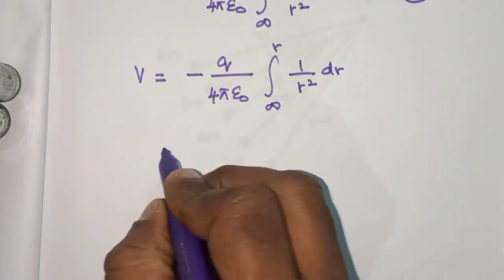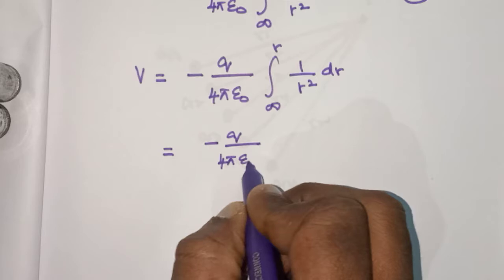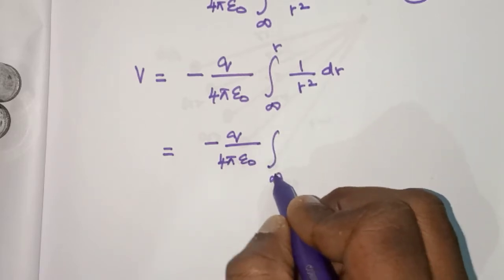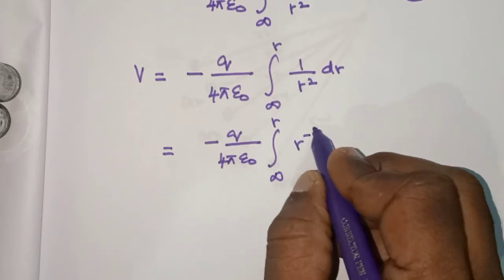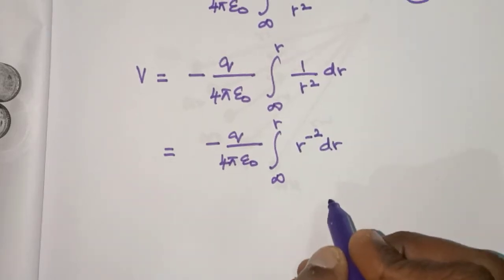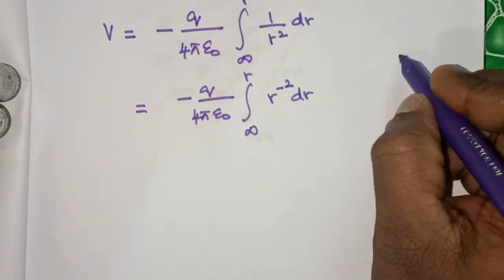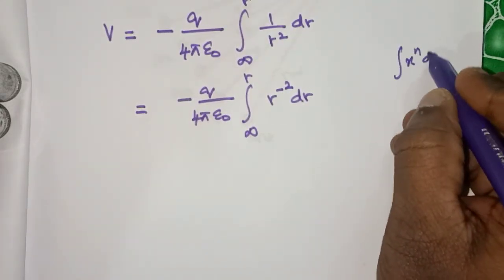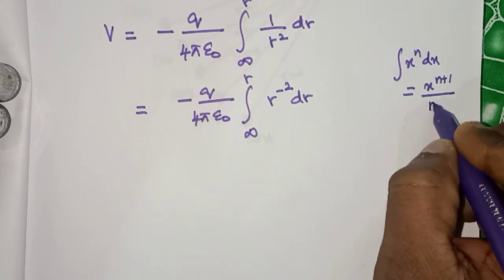That is minus Q by 4 pi epsilon naught, infinity to R, this R square going to the numerator, R power minus 2 dr. Using the integration formula, we know the integral of x power n dx is equal to x power n plus 1 divided by n plus 1.